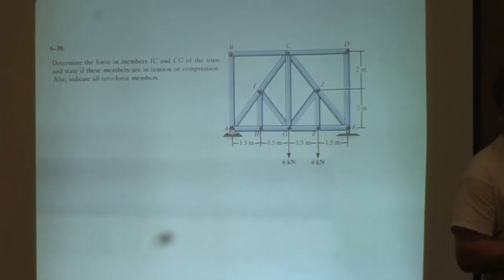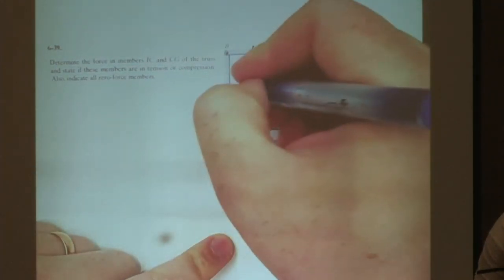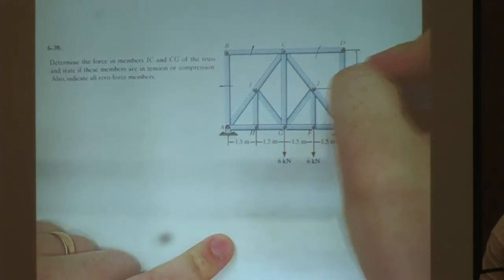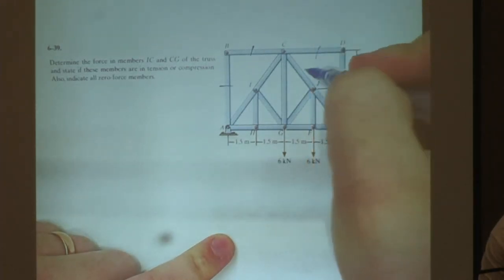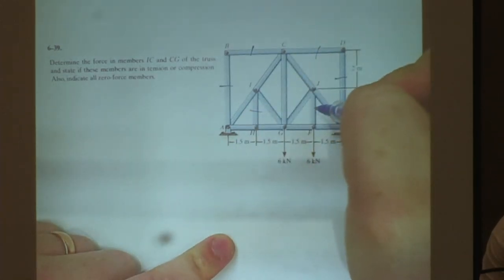All right, so looking at this, how many zero force members do we have? Anybody else? All right, we have 6: BC, BA, CD, DE, HI, and IG.